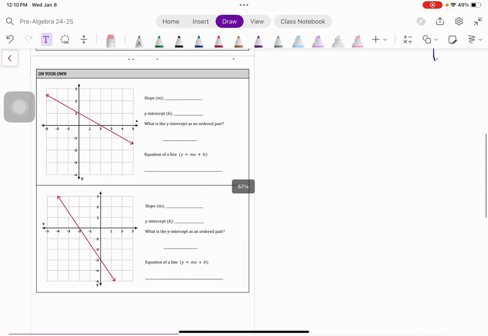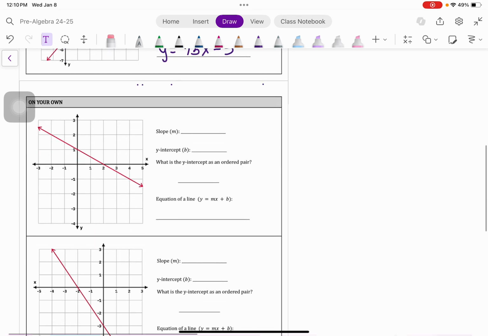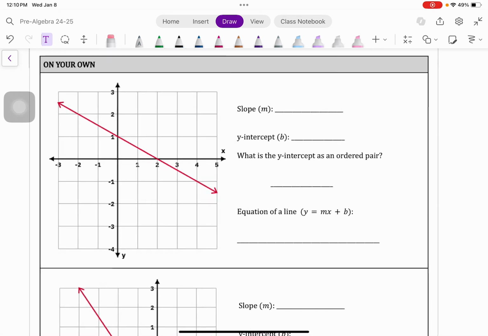There are two more problems that you could do. I'm actually going to do them really quickly just because this video is so short. So hang in there, so you have a couple more problems of practice from a graph. Once again, I'm going to find my perfect points to find my slope.